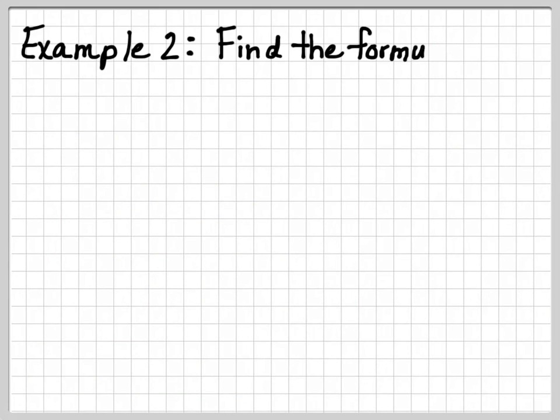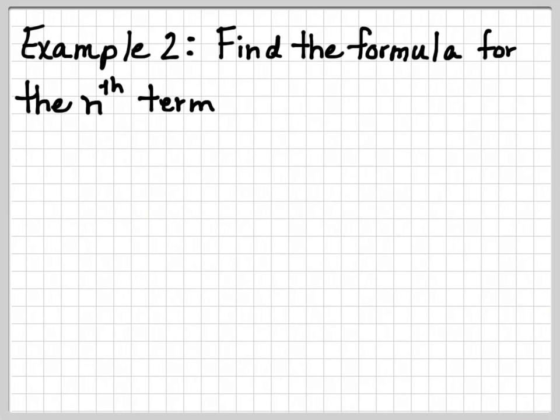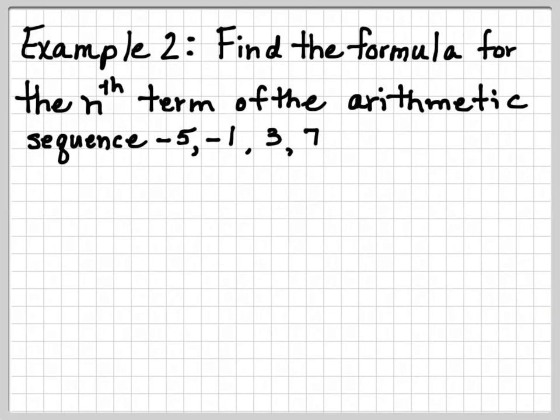Next example, find the formula for the nth term of the arithmetic sequence -5, -1, 3, 7. Now we're not going to find a number answer, we're going to find the formula to find the answer. So once again, a sub 1 is -5, d is 7 minus 3, which is 4.